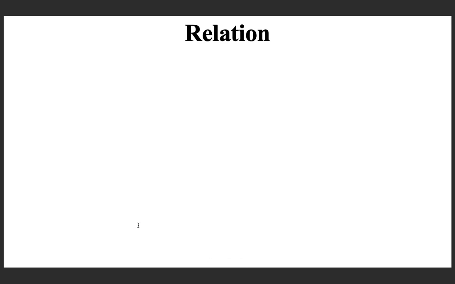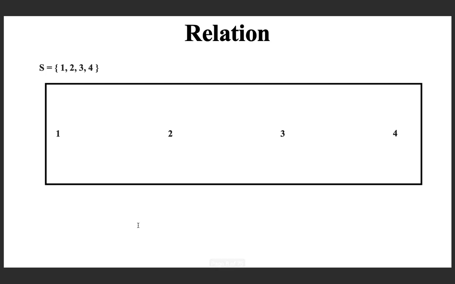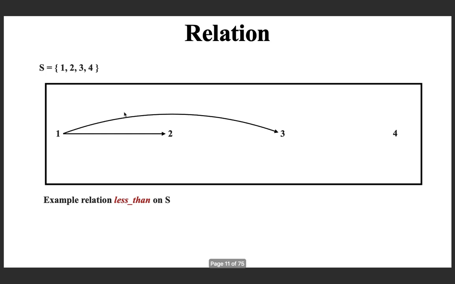Another example on this set of 4 numbers, let us see the less than relation, which is the usual less than on natural numbers. You can see that 1 is less than 2, so they are related. 1 is less than 3, 1 is less than 4.